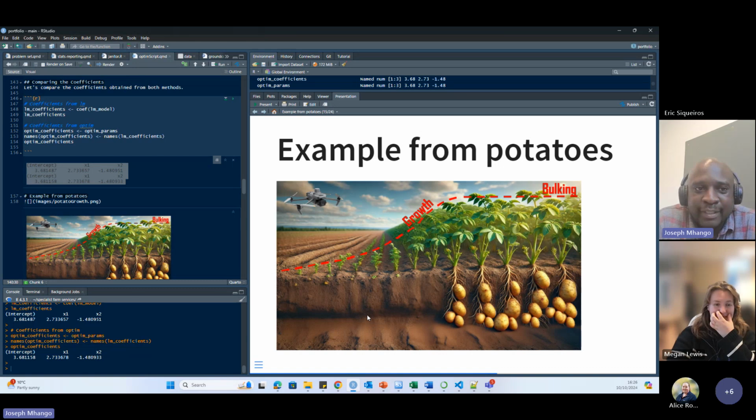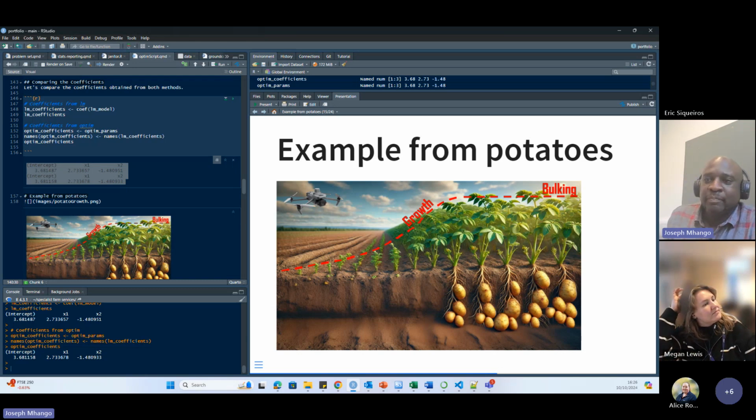Let's do an example from potatoes. What you have on your screen is sort of how potatoes grow. This was generated by ChatGPT. I just added the drone and the curve. Potatoes and almost all plants really follow some sort of sigmoid or growth curve.